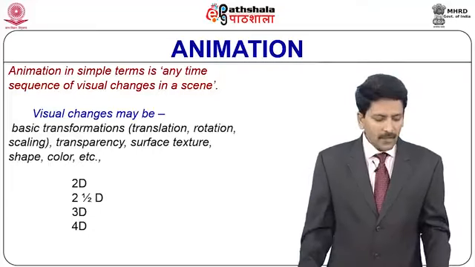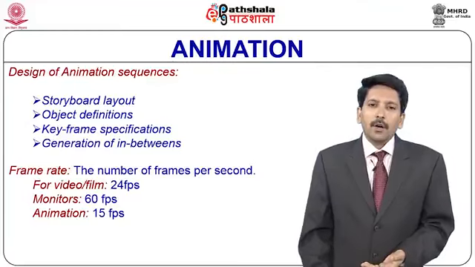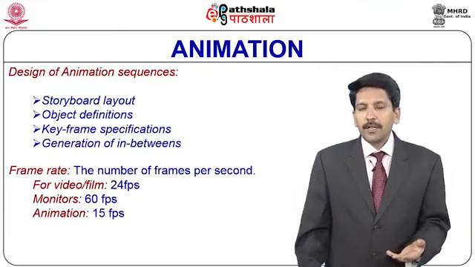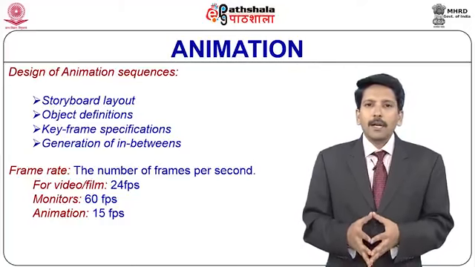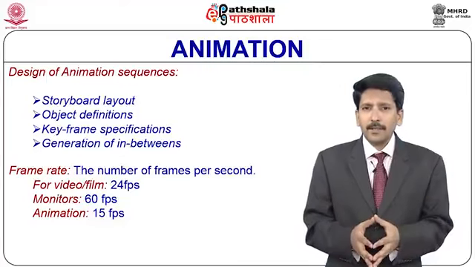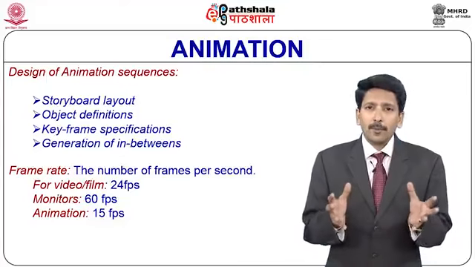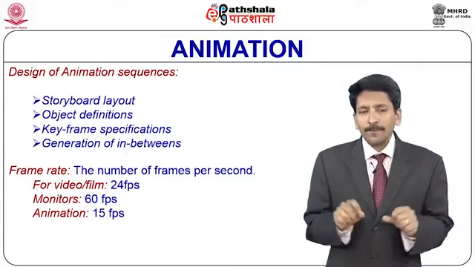Okay. So animation can be in either of these forms. Before an animation is done or before something is visualized, we have what we can call master animators, or people who are the core people in the industry. They will be creating what is called a storyboard.